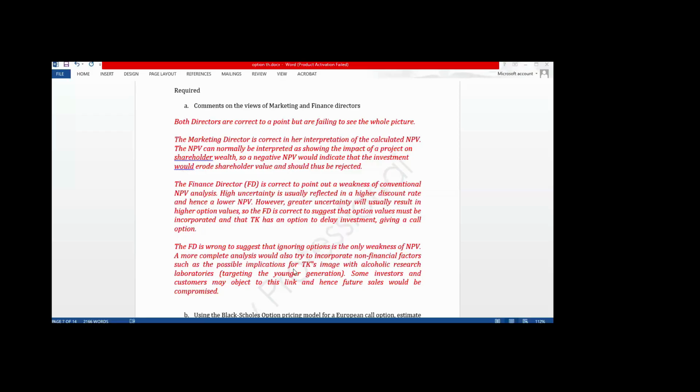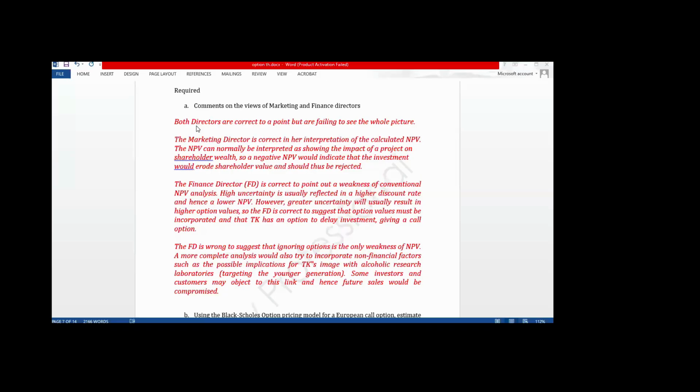That will be the response to requirement A. Okay, we say financial flexibility as it relates to the view of the finance director.